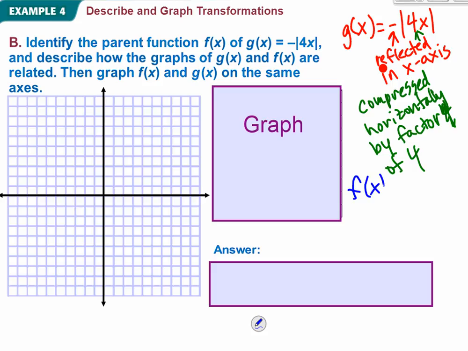So f of x, the parent function, I guess I didn't say that, is the absolute value of x. And describe how the graphs of f of x and g of x are related. G of x is compressed horizontally by a factor of 4 from f of x.